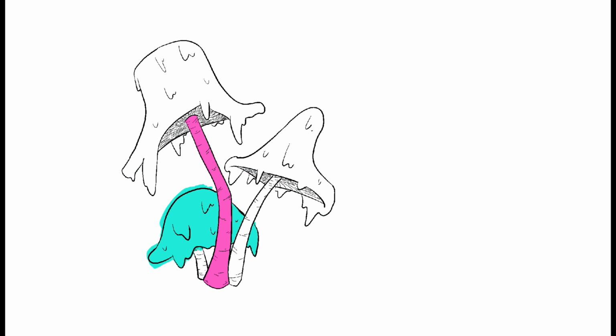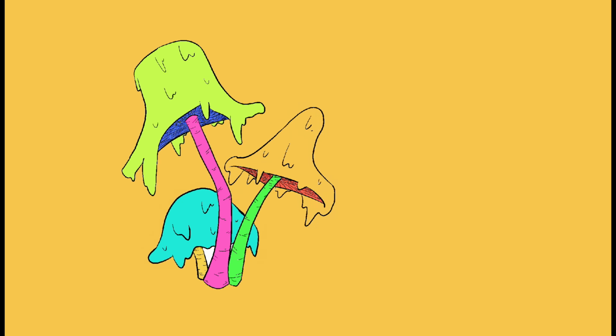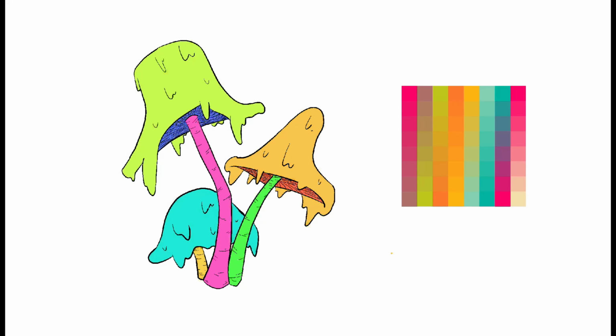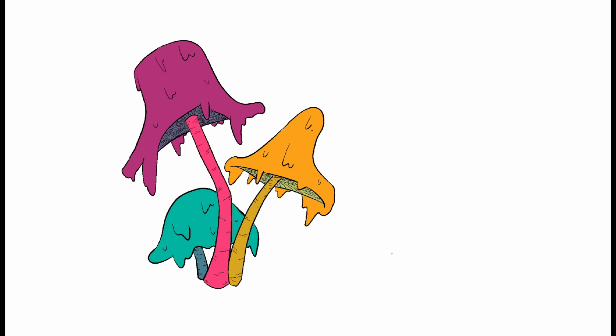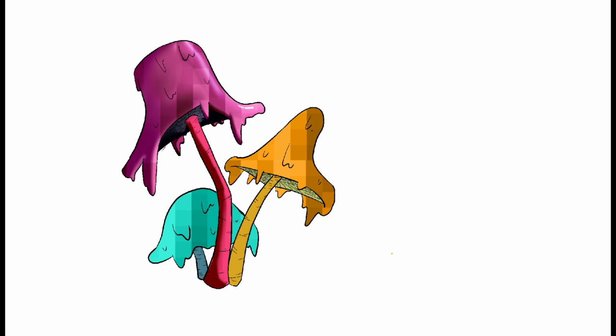So I did a few different things. Starting out with some trippy colors and some unrealistic aesthetics, like the drippiness of it. I got a bit of a color palette to work with, and then I overlaid that entire color palette over the photo to give it a digital look as well. So there's a few things going on with this one.